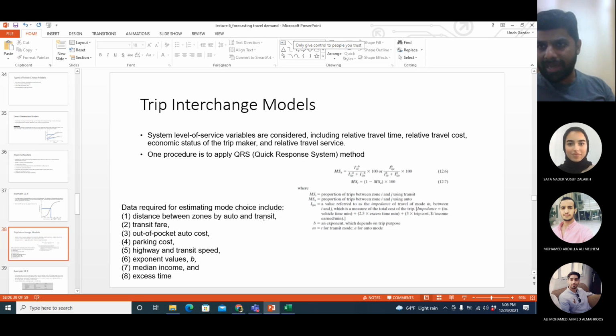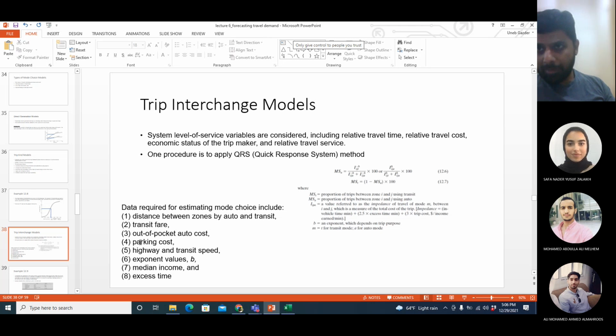Auto trips are usually direct and transit trips are usually indirect, so they will be longer. Then the fare of the transit and the out of pocket cost for the car users. Transit fare is the only cost you have for the buses, but the car may have insurance and registration and so many things. That's why we say out of pocket cost.